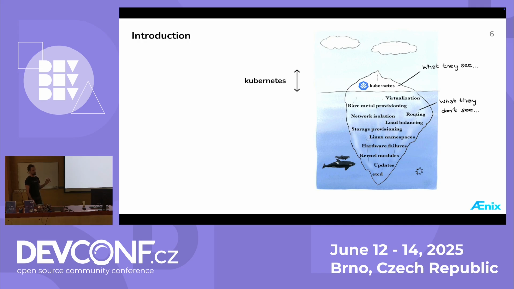Because if you use Kubernetes in the cloud, you usually work with the very top level of Kubernetes, but you don't actually care about virtualization, bare metal server provisioning, how to update those servers, kernel modules, bugs, and managing all of this stuff. So today my presentation is more about this: how you can organize your own Kubernetes hosting using Kubernetes for that.